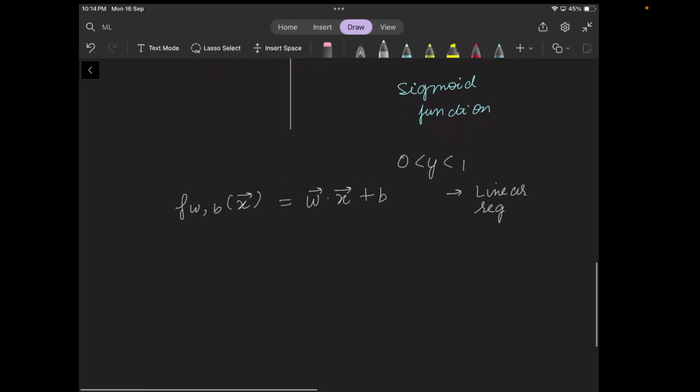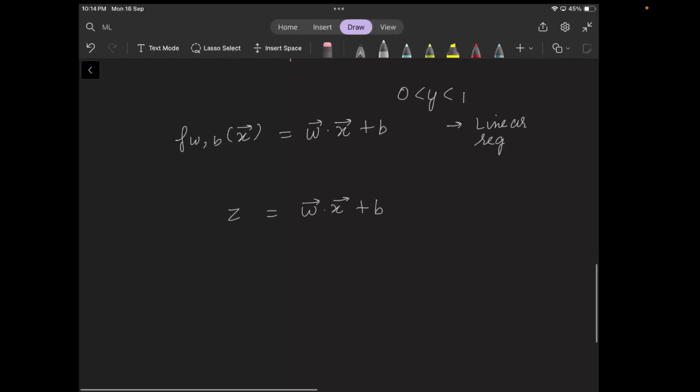In case of logistic regression, okay, let's go step by step. First I'll call w dot x plus b to be z. Is z a scalar or a vector? Scalar. It's a scalar.